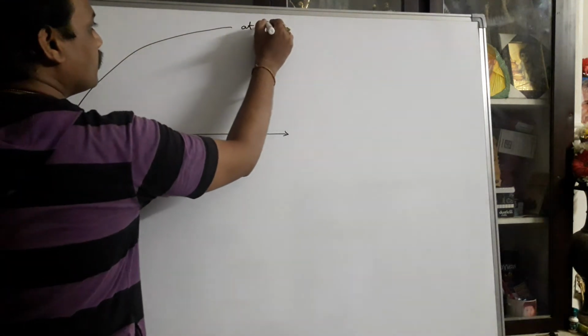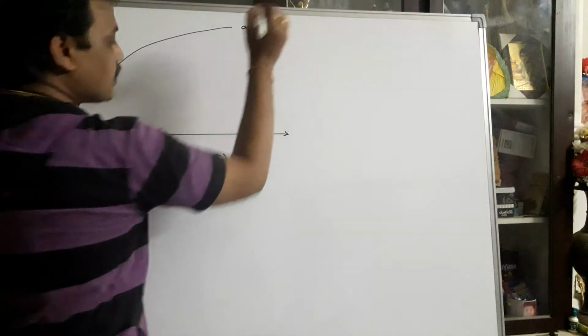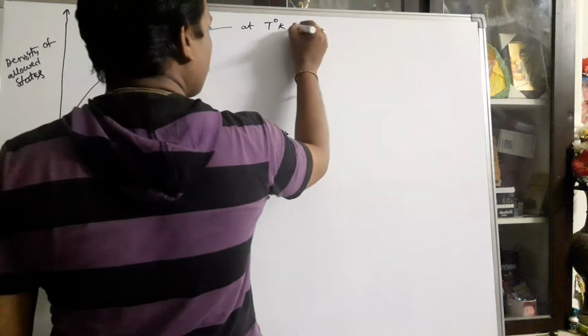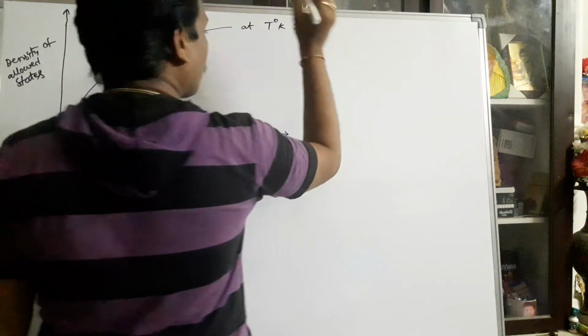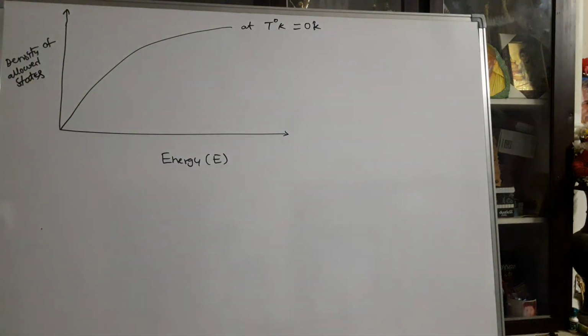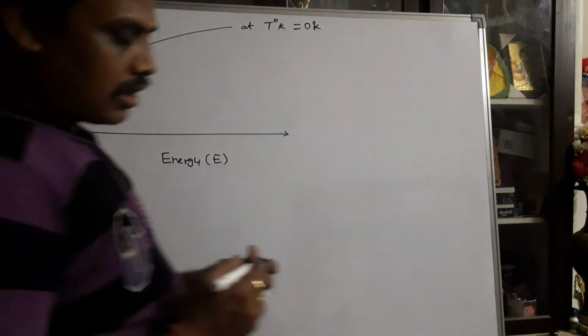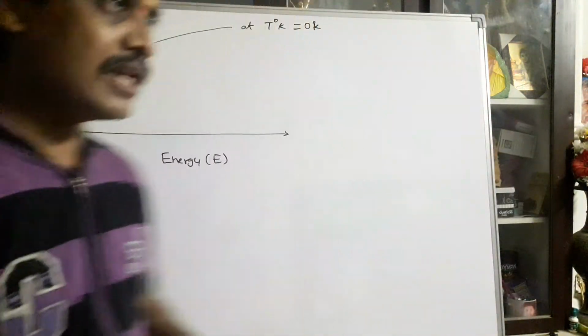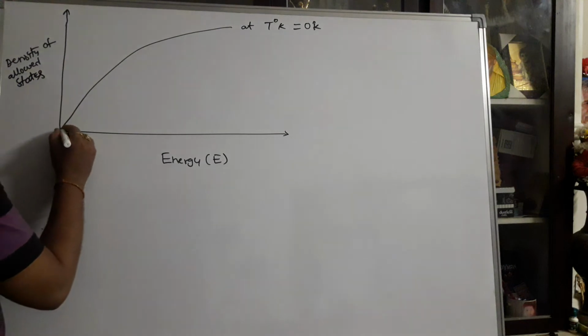Particularly at T degrees, the T value must be equal to 0 Kelvin. At greater than 0 Kelvin, as you increase the absolute temperature, the density of states are filled like this.